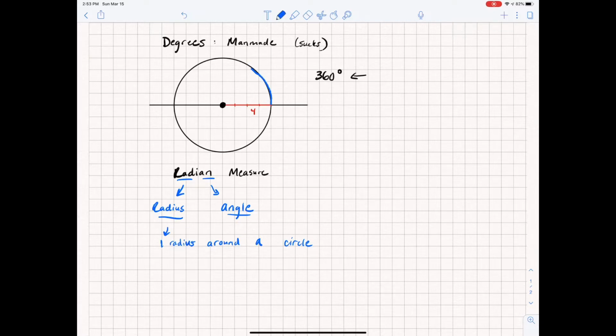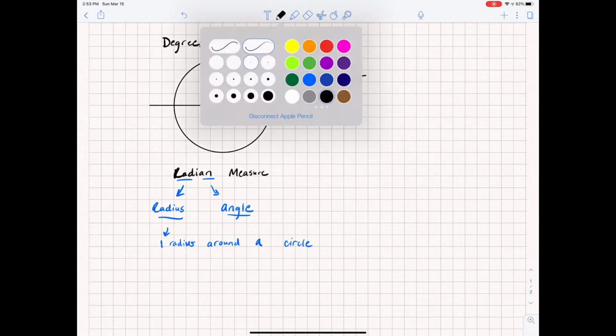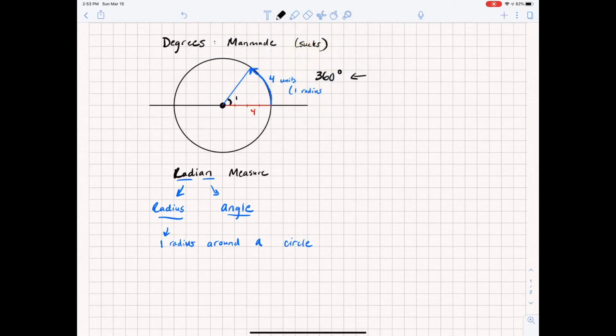If I travel this distance of 4 units, this is 1 radius. And if I drew a line to this endpoint here, the angle that I'm creating is known as 1 radian.